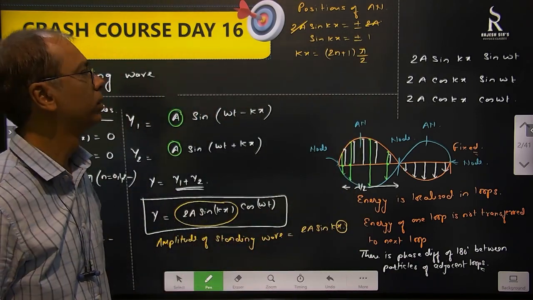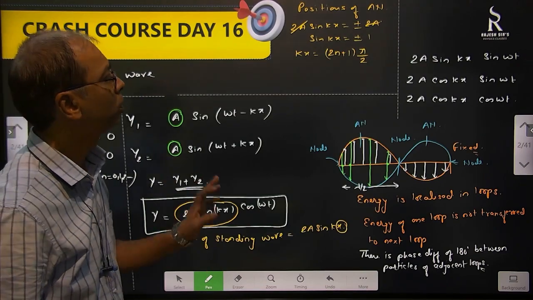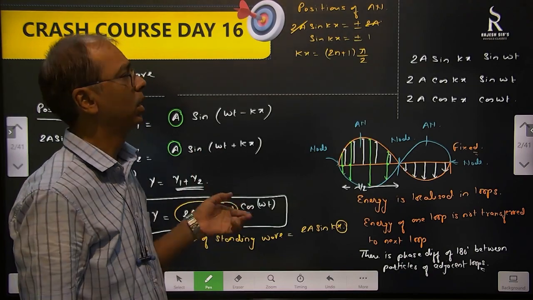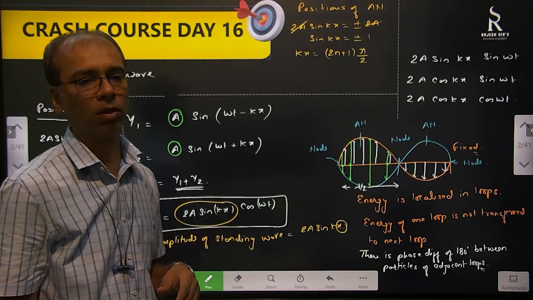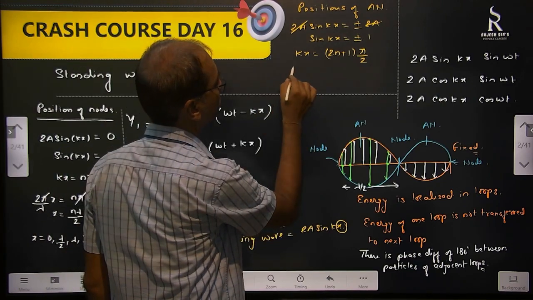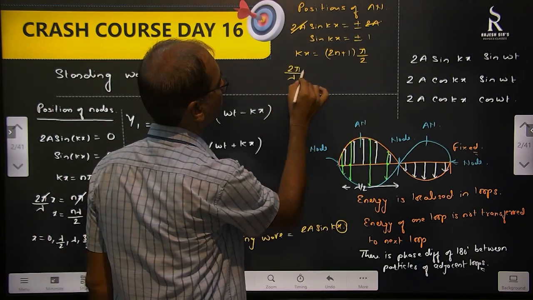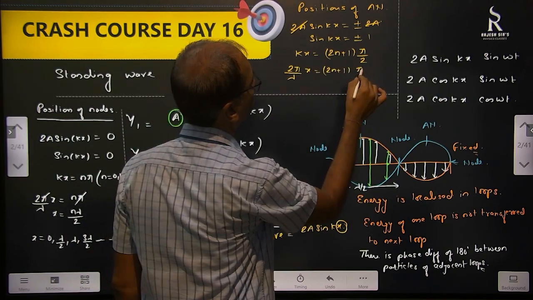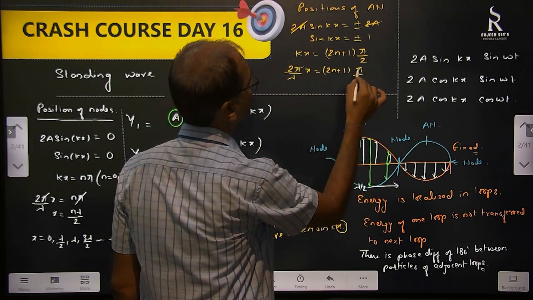Anything you can write. When you are writing 2n minus 1, our n starts from 1. And if you are writing 2n plus 1, our n starts from 0. That's your wish. So kx equals (2n plus 1) pi by 2. This is 2 pi by lambda into x, equal to (2n plus 1) pi by 2. Pi and pi get cancelled.